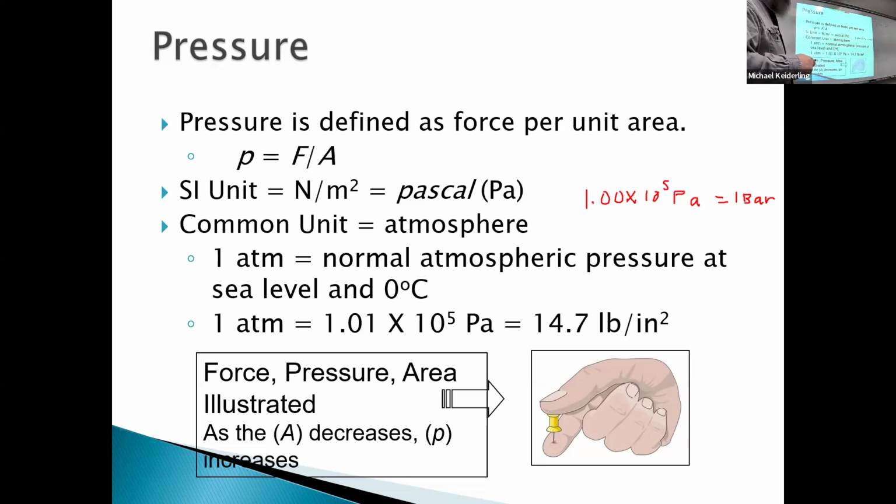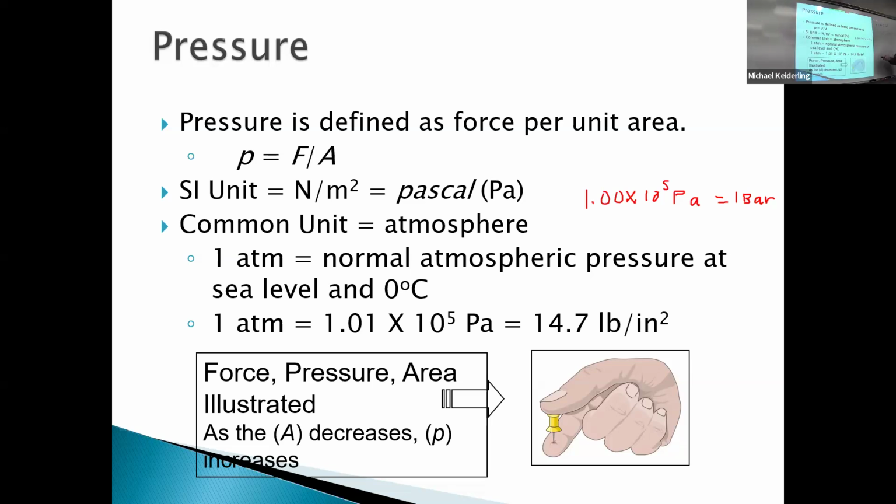But the bar is 1 times 10 to the 5th pascals, and it has the advantage of being very close to atmospheric pressure. Atmospheric pressure is 1.013 bars, something like that. And atmospheric pressure actually varies, but it varies between like 950 millibars to 1050 millibars, something like that range.